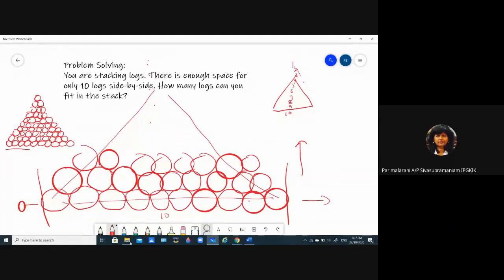What is the dimension down here? How many logs are there at the bottom? 10. What is the dimension this way? 1, 2, 3, 4, 5, 6, 7, 8, 9, 10. What is the dimension this way? 10 also, right? So what number is this?